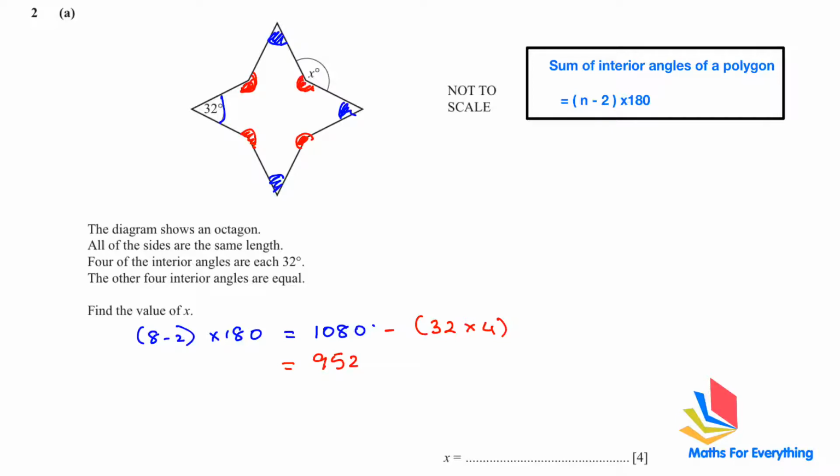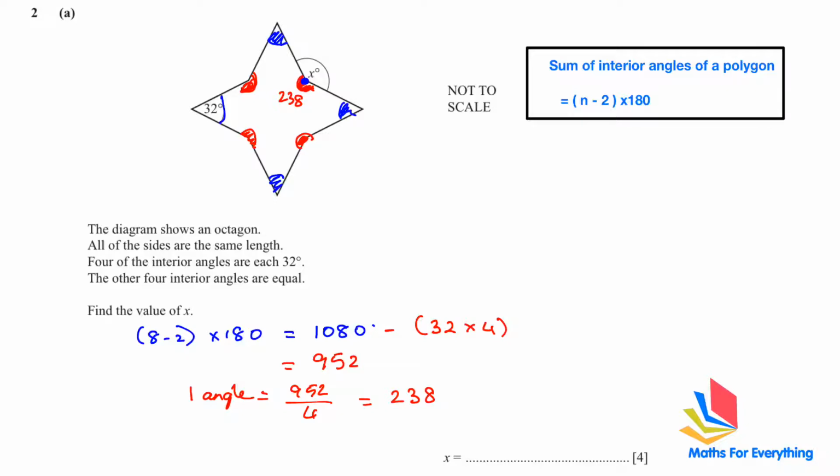So what is one angle? If 4 angles are 952, one angle will be 952 divided by 4, which will give us 238. So this one angle here is 238. And we all know that angles at a point add up to 360.